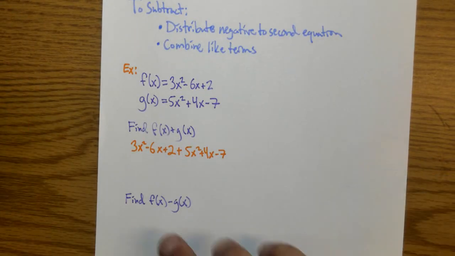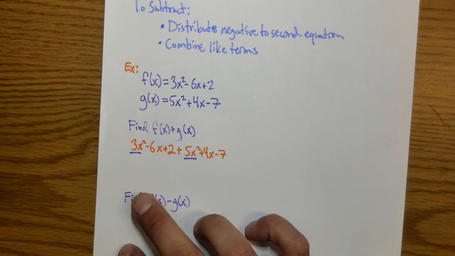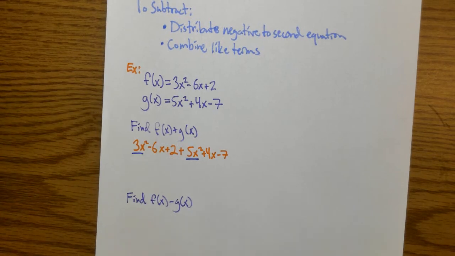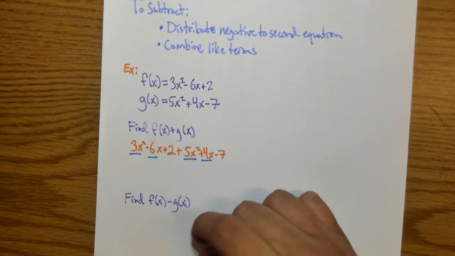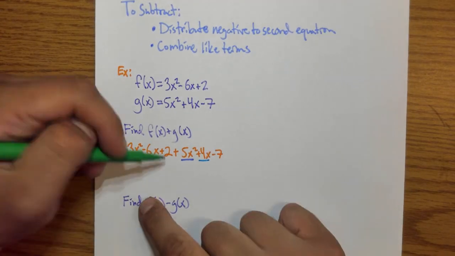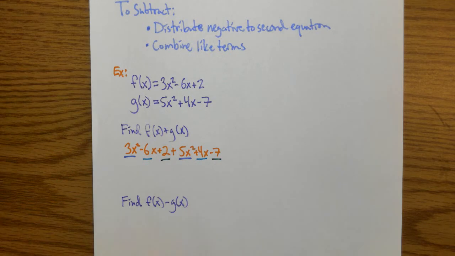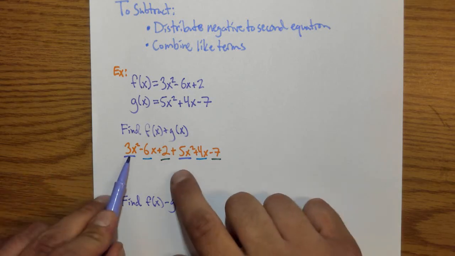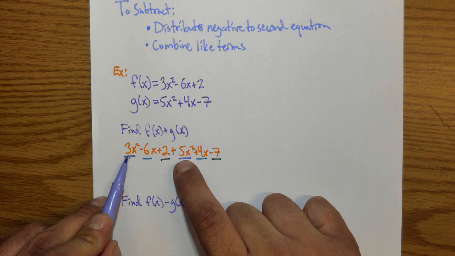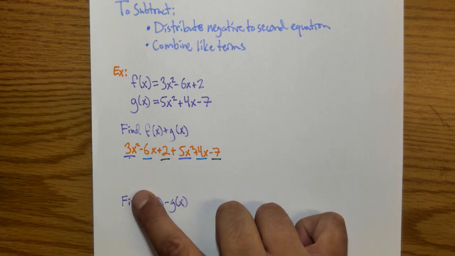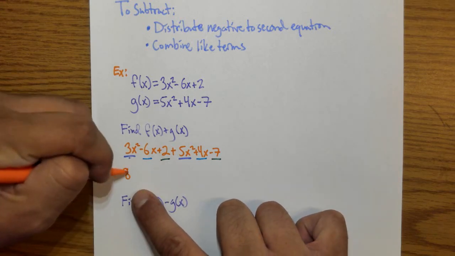So notice we have two terms that are squared. We have two terms that are just to the first power. And we have two constants here. So we're going to combine the like terms. So we have a 3x squared and a positive 5x squared, which is going to give us 8x squared.